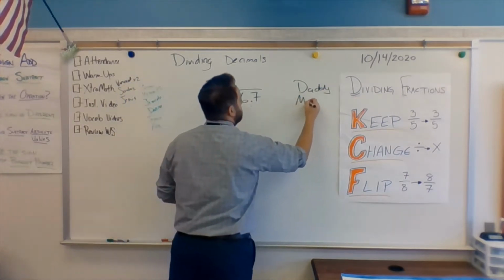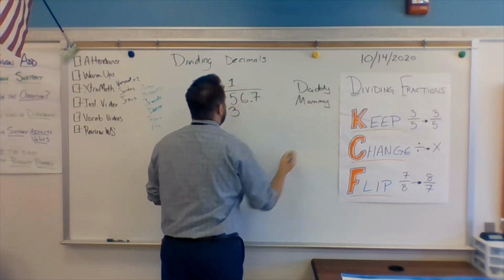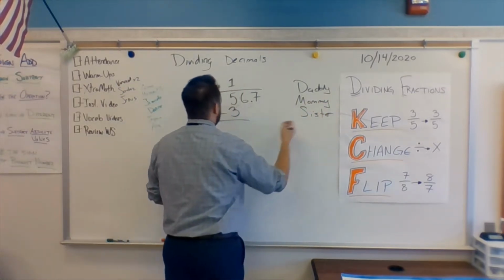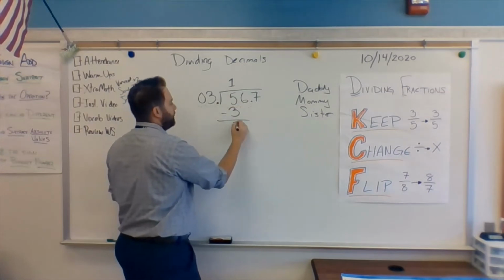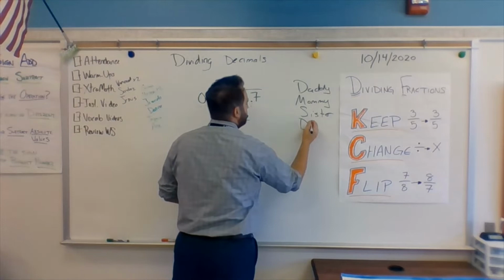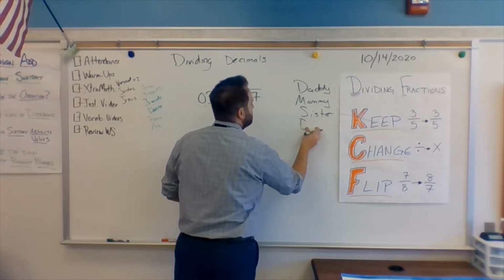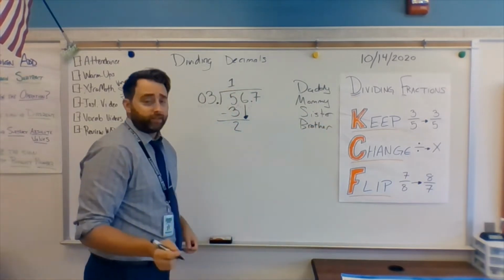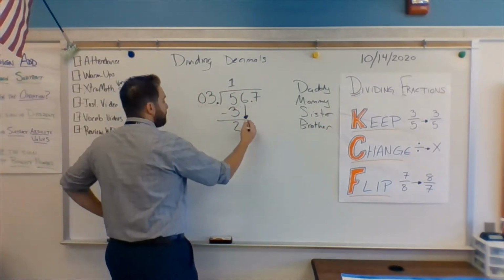That's the mommy. Subtraction, that's the sister. 5 minus 3 is 2. Bring down is the whiny little brother. The big brother is the brother. Sorry, forgot how to spell it for a second. Let's bring down the 6.